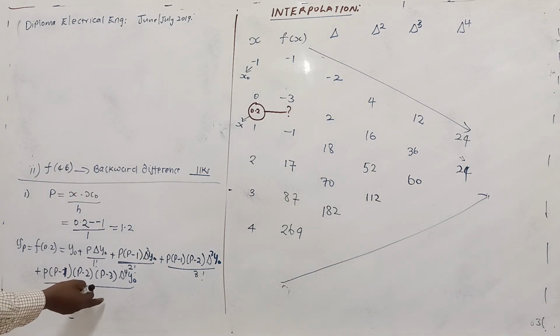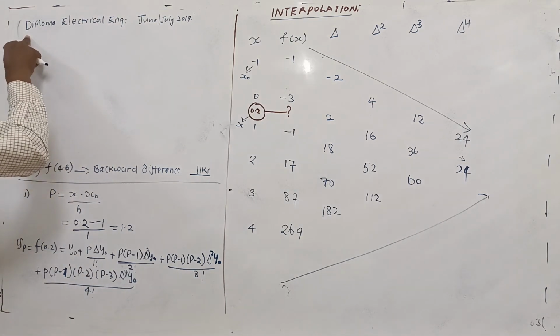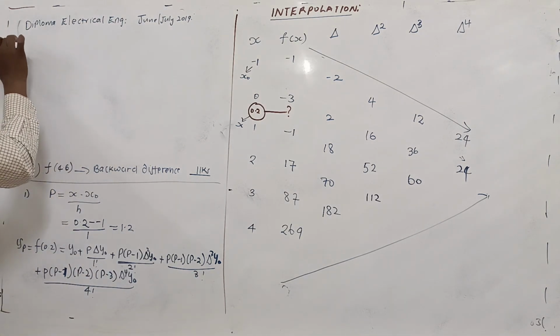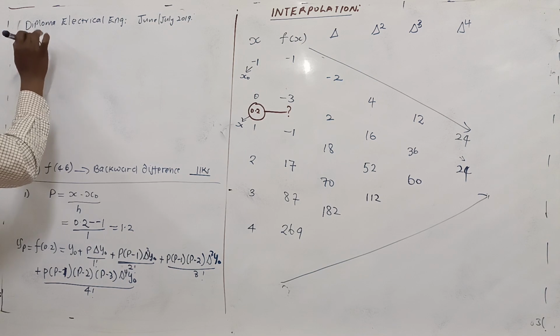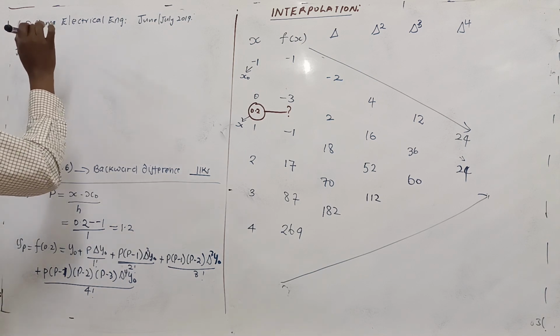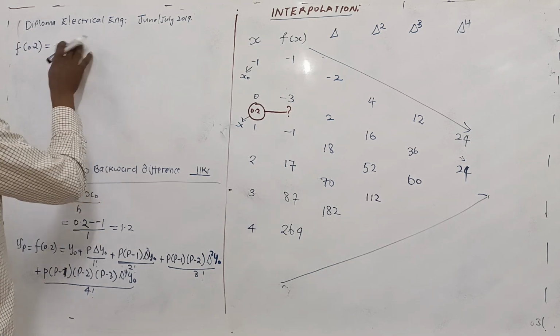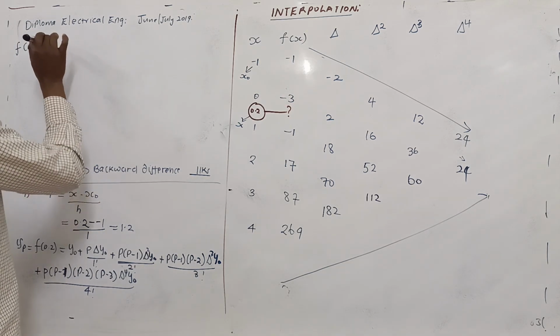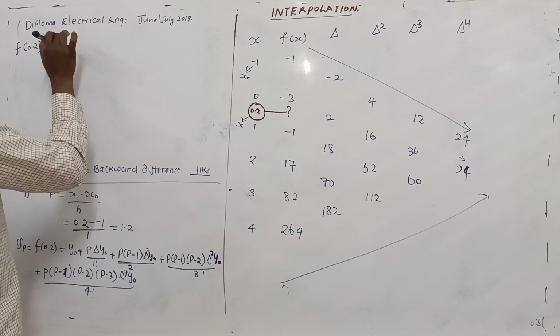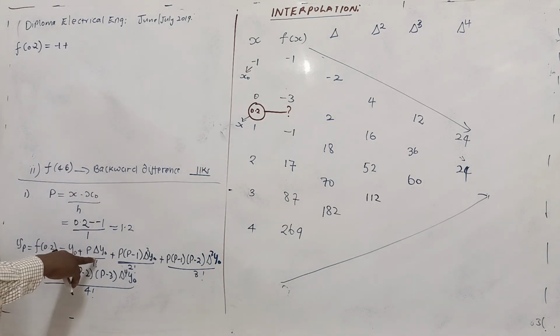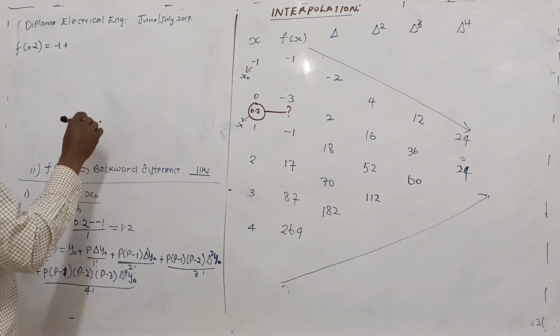So now we bring this up here. Our yp, which is f of 0.2, is now equal to y naught, which is -1, plus p times the first forward difference of y naught.